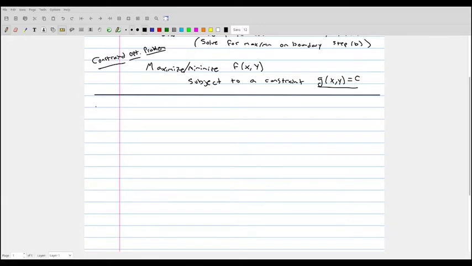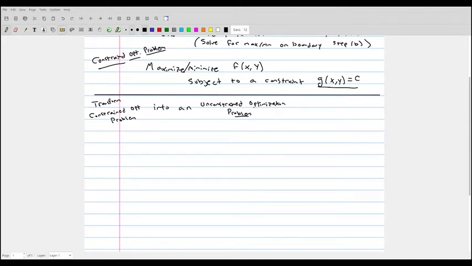So what we do here is we transform the constrained optimization problem into an unconstrained optimization problem, which we know how to solve.